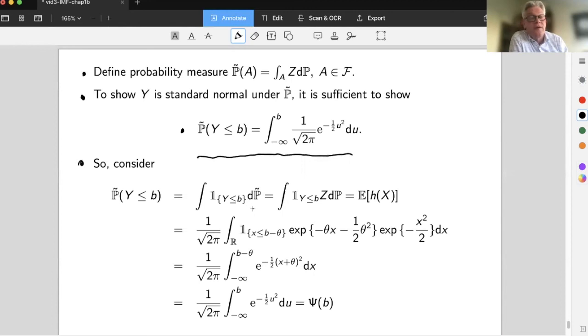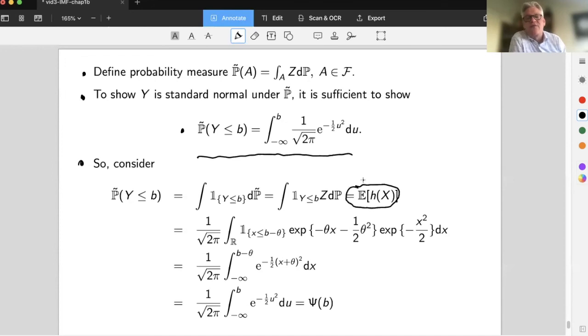And we can rewrite that into the original measure. So this is the integral of this indicator function, Y less or equal to b, times Z dP, and we call that the expected value of some function h of X. We just name it this way.